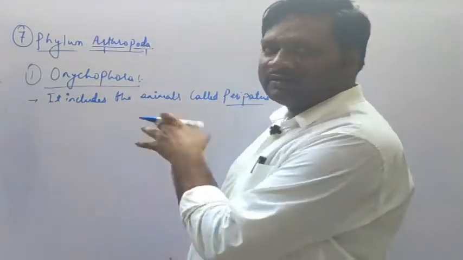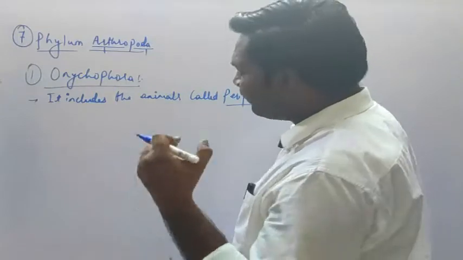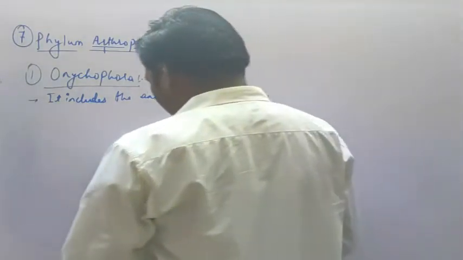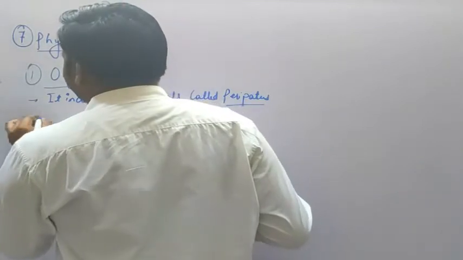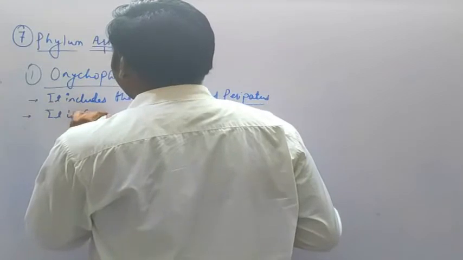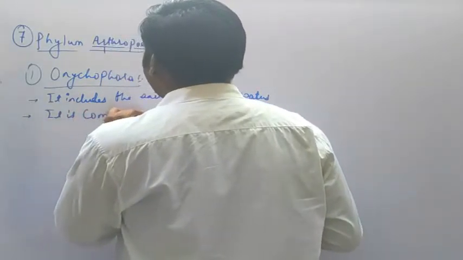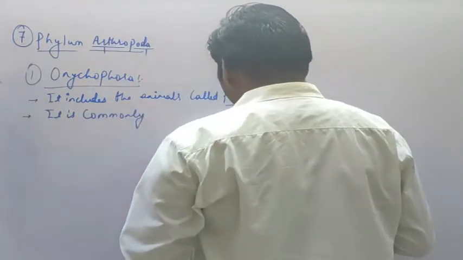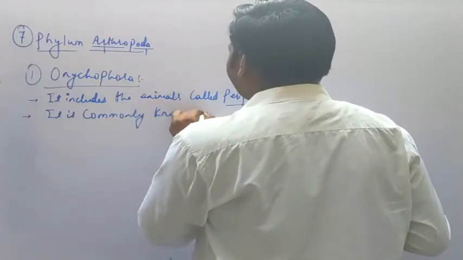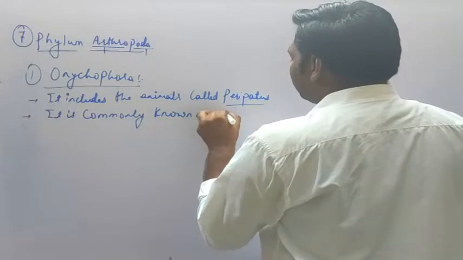All the animals under this class are not peripatus, they may be of different types, but here we are going to discuss peripatus. It is commonly known as walking worm.